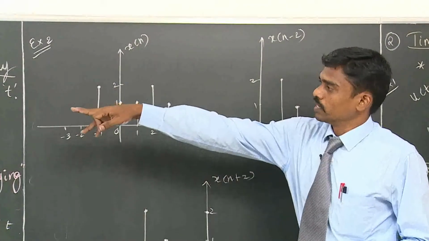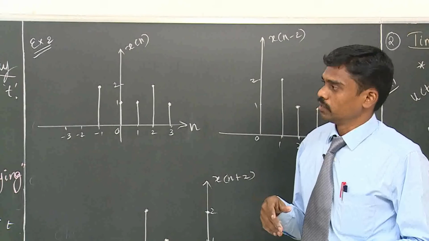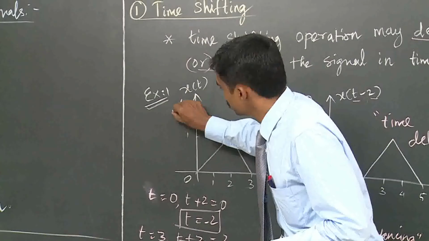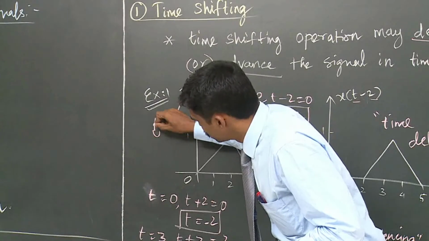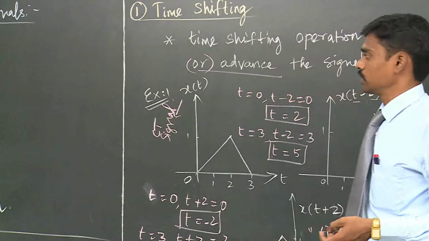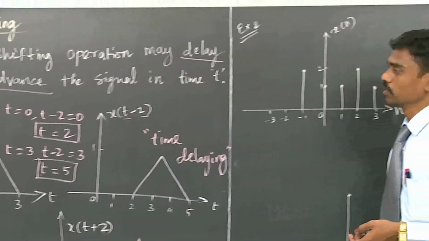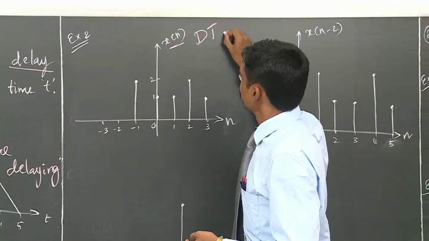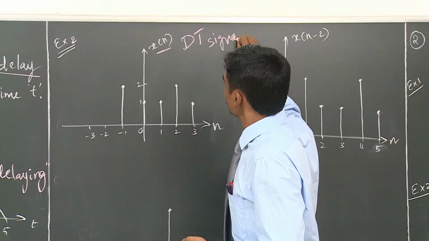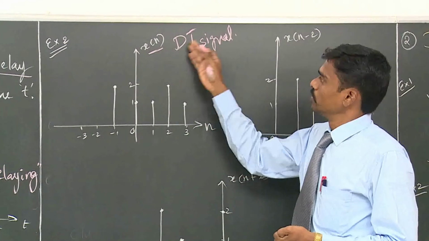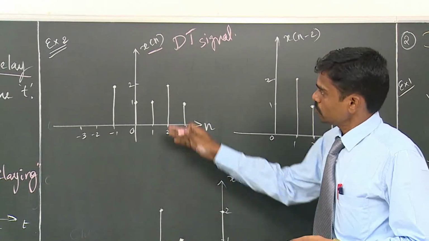Here I consider x of t, which is the continuous time signal. CT means continuous time. X of n is a discrete time signal. So I have given one more example with the discrete time signal x of n.